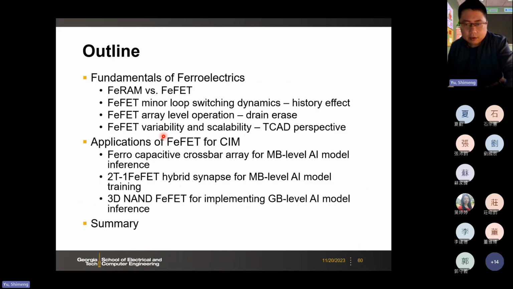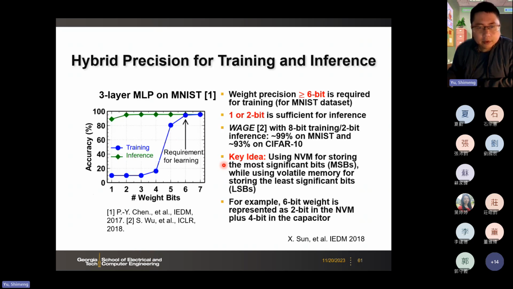All right, so this is what we believe to be the ultimate megabyte level inference design with a ferro cap. And then next, the training is a little bit more difficult. This is because training needs higher precision. For the inference, low precision, like 1 or 2 bit, is good enough, especially for small models.